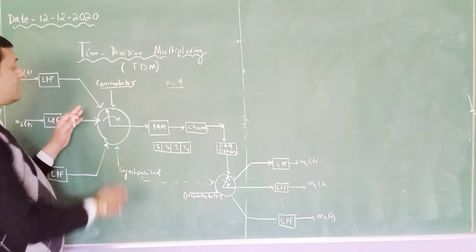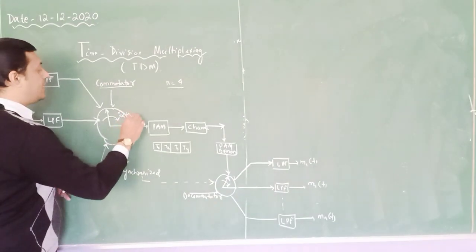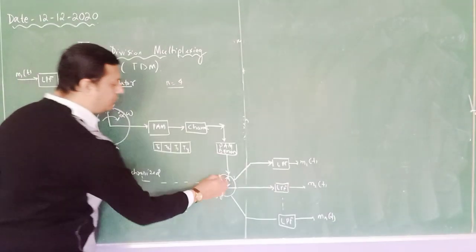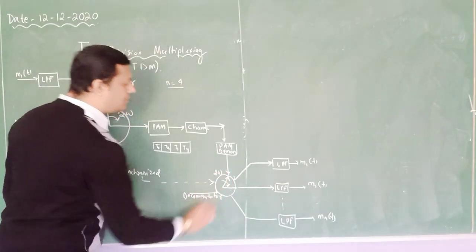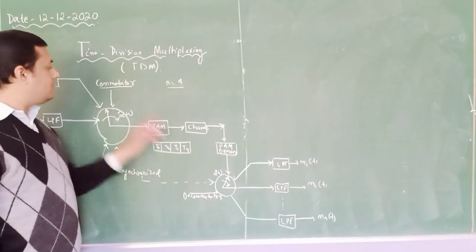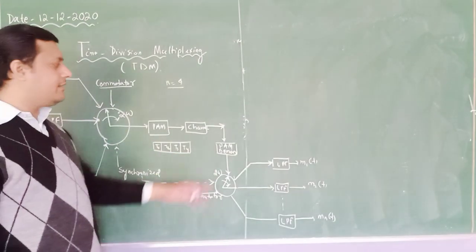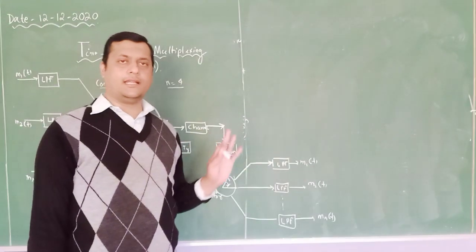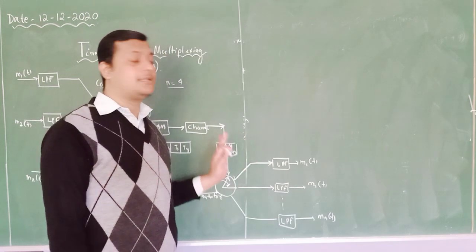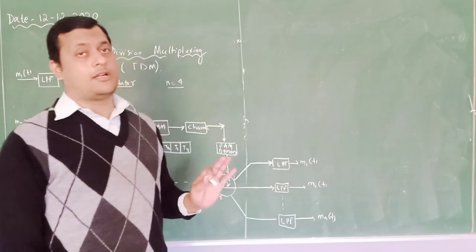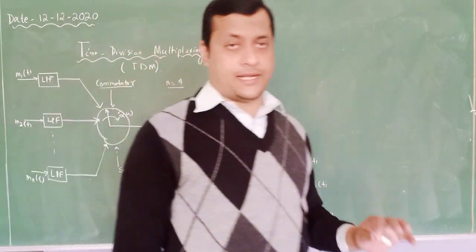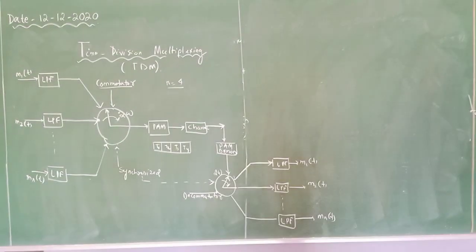If the commutator is working at 2 omega, let us consider, your decommutator must also operate at 2 omega. If these two frequencies are not synchronized, you cannot recover the modulating signal. Okay, this is the basic block diagram for time division multiplexing.